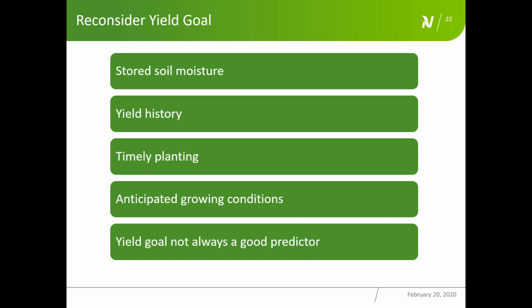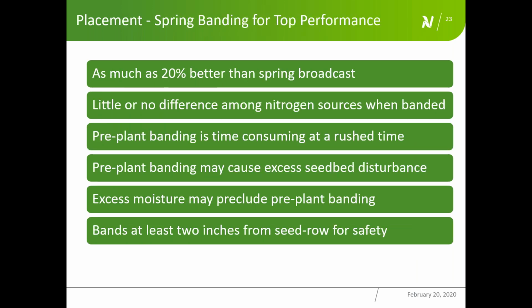Because that certainly influences our yield goal. If we're planting late and we're expecting that could reduce yields, we may not need as much nitrogen. We want to look ahead, anticipate what kind of growing conditions we might have based on what we know at the time we're making those decisions. And then perhaps we can make in-season adjustments. So yield goal is certainly something to consider when we're thinking about the rate to apply.